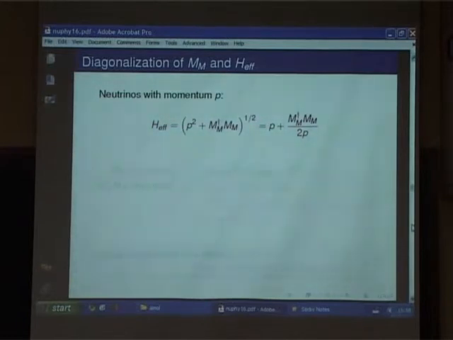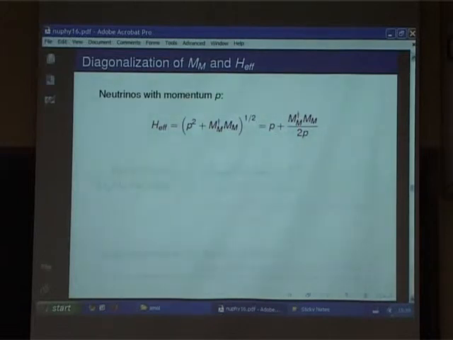So that's very important. Let's start from the very beginning. You want to write down the effective Hamiltonian in terms of the neutrino mass matrix. We know relativity: the effective Hamiltonian is the square root of E squared plus M squared. So this is exactly what I am writing. I have E squared, M squared is the entire matrix, and E squared is also a 3 by 3 matrix now, to the power half.